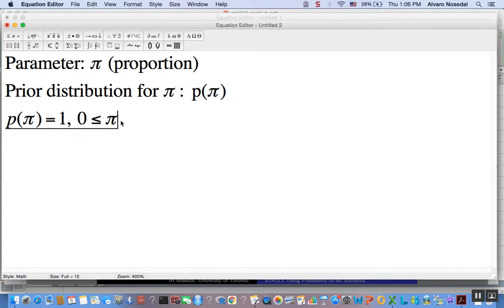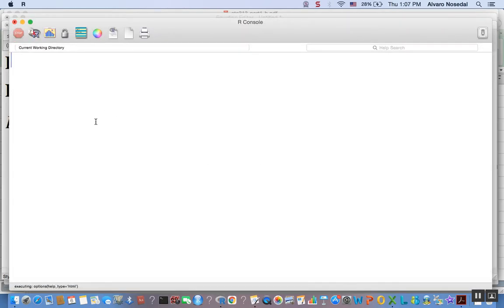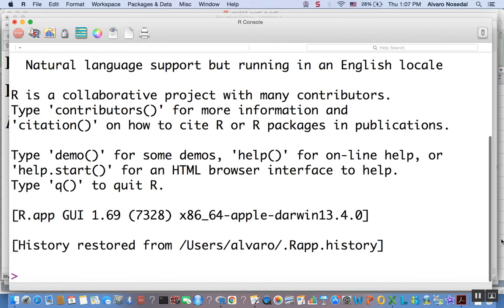Okay, so you have seen something like that before, right? So let's quickly make a graph of what that probability density looks like.